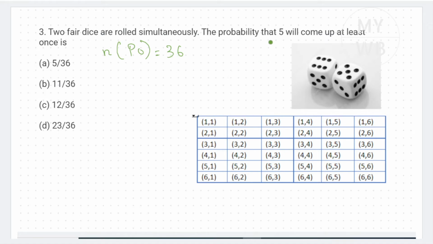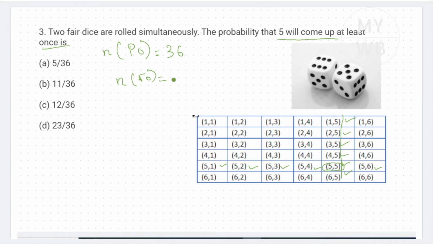We need to find the probability that 5 will come up at least once. Either of the two numbers should be a 5. So here this is a favorable outcome. This entire column we have a 5 and this entire row we have at least a 5. It can be two 5s like this as well. So the number of favorable outcomes will be here you have 6 and here you have another 1, 2, 3, 4, 5.